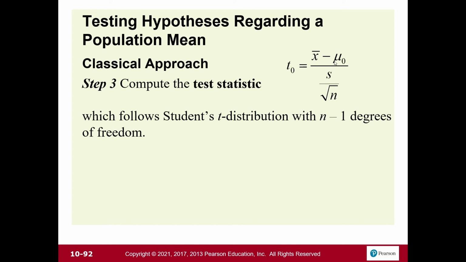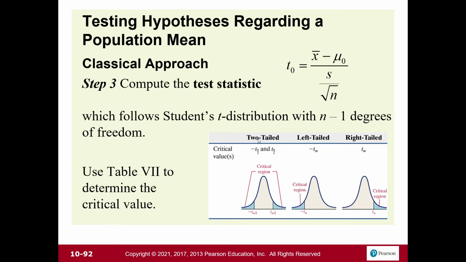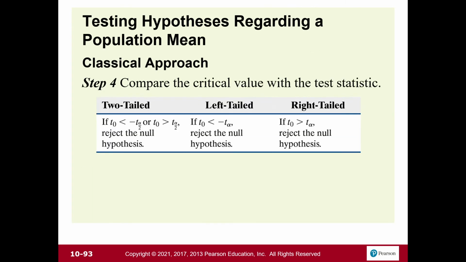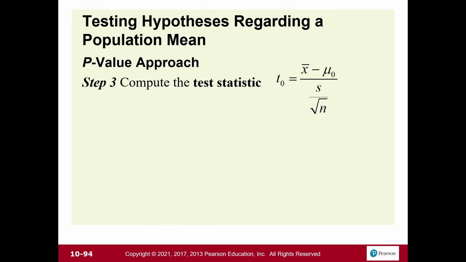You're going to be subtracting the population mean from the sample mean, divided by s over root n. And this is coming from the Student's t-distribution with n-1 degrees of freedom. So you'll utilize table 7 or inverse t on the calculator to get the critical value. And then finally, you'll state your conclusion there.